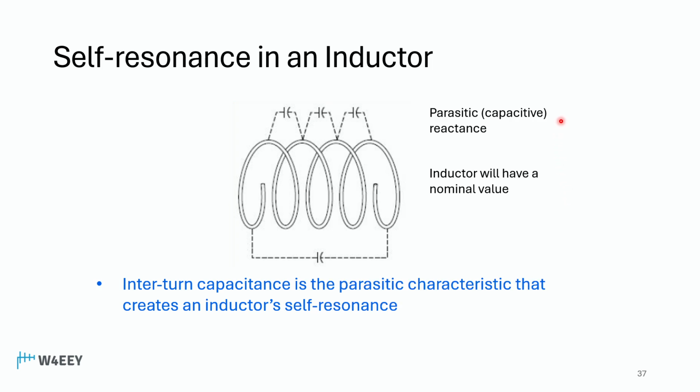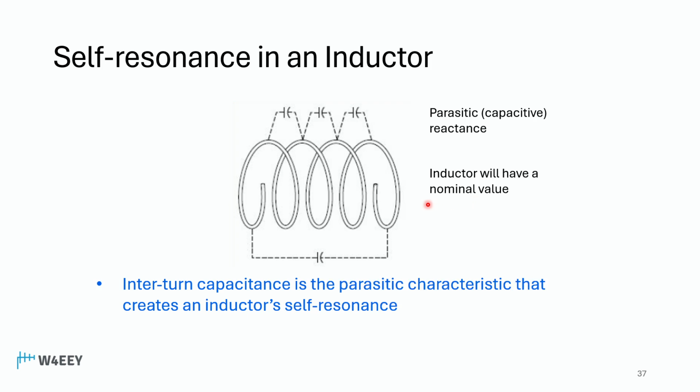But as the frequencies get higher, the parasitic capacitance is going to have a greater effect. So interturn capacitance is the parasitic characteristic that creates an inductor's self-resonance. And when we talk about self-resonance, it'll act like it's supposed to at lower frequencies, but as you get higher and higher, the effect of the parasitic capacitance is going to become greater and greater.